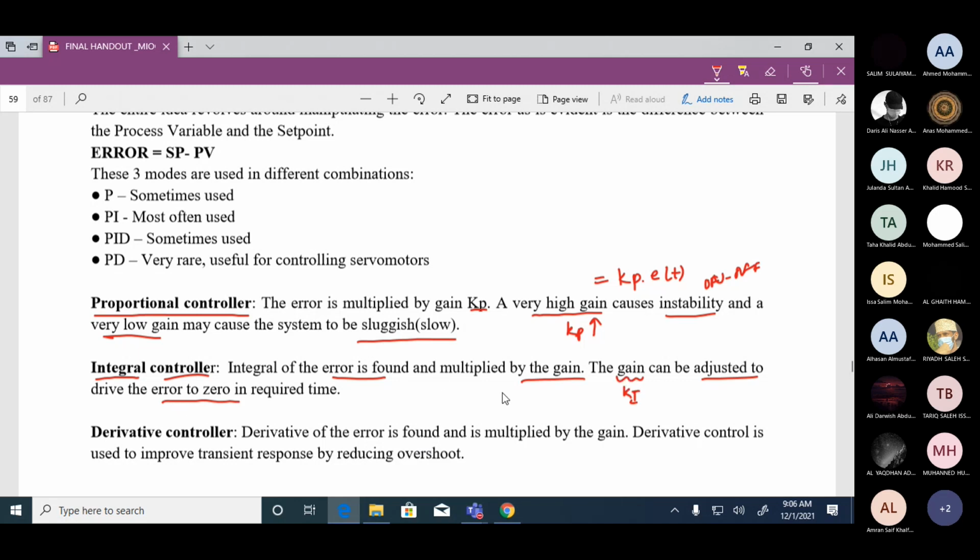So we have to make sure that the gain is adjusted to make the error go back to 0 in the required time. A simple example I can tell you is of this toy the children are playing with, which has a key. When you turn the key, this doll, or this dog, will start to dance.